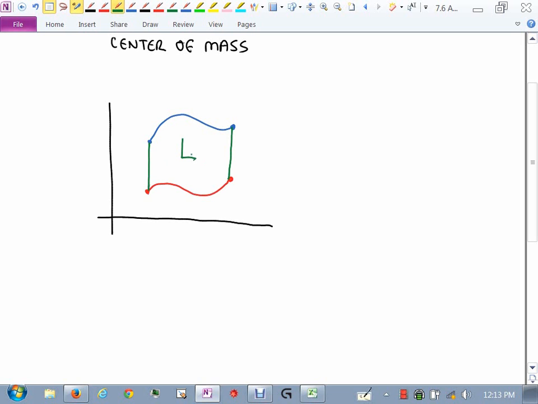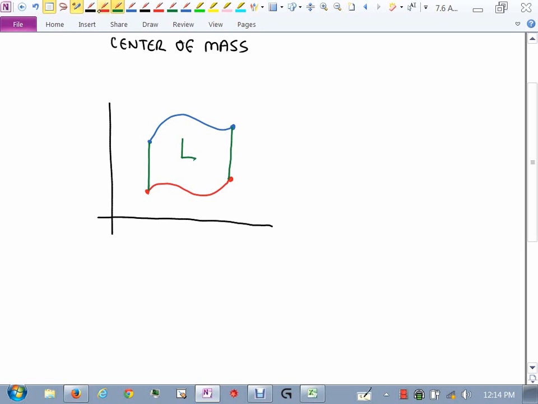Now, I noticed that with this lamina, I did stick it between two functions of x, and I cut off the y value, or I'm sorry, I cut off the x values between two constants. So this is like a type 1 region, isn't it? When we were talking about integration, this is like a type 1 region. So the first thing we want to be able to do is find the area of this.